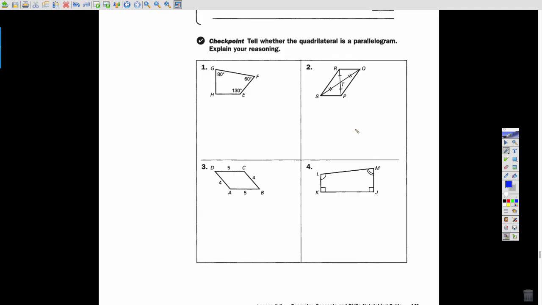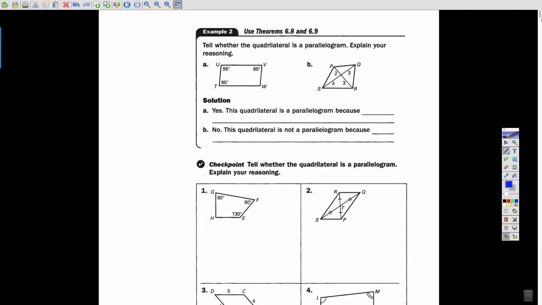Now, let's look at this example here. Tell whether this quadrilateral is a parallelogram. The first one, let's look at it. We said this is a green angle and this is a yellow angle, right? I don't know what this angle is. See, what is this angle? So I have to do a little bit of calculation. Notice that in any quadrilateral, the interior angles add up to 360.